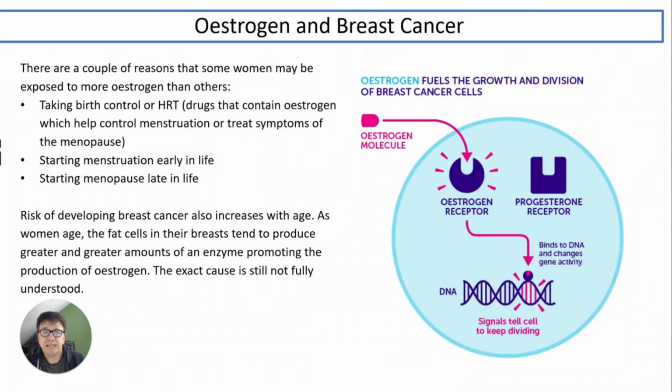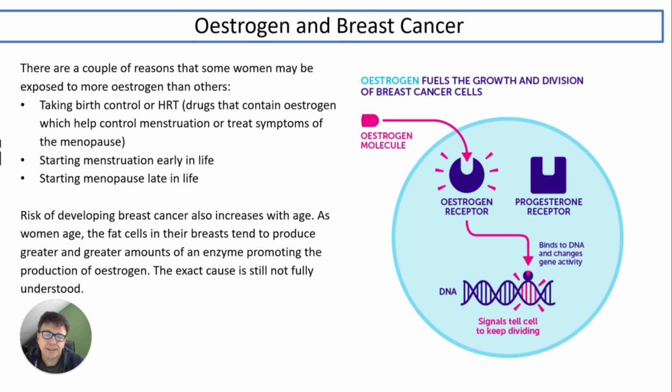So we did mention estrogen and breast cancer, and we also mentioned genes as well. One of the things about estrogen is that some women are exposed to more estrogen than others. For example, if you take birth control or HRT drugs that contain estrogen that help control menstruation or treat symptoms of the menopause, also starting menstruation early in life or starting the menopause later in life, there is a greater risk of developing breast cancer.